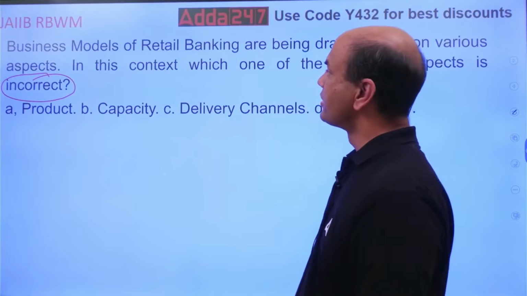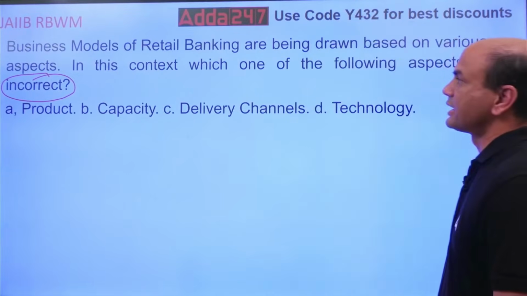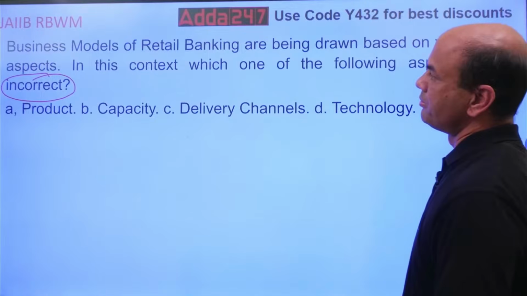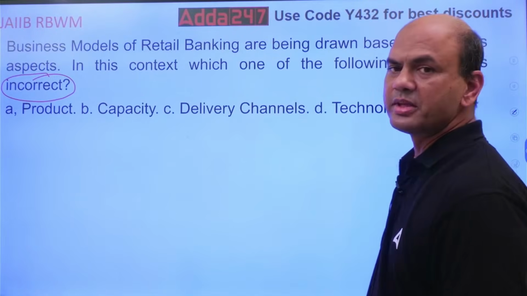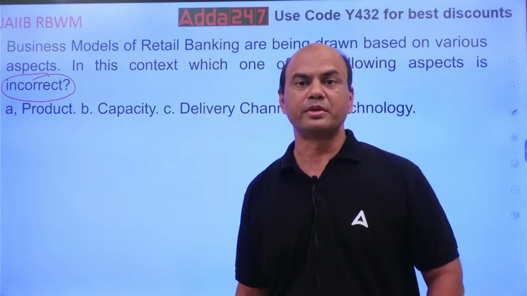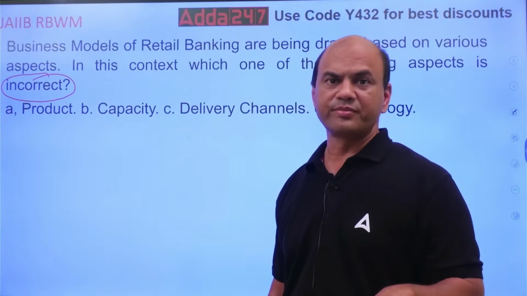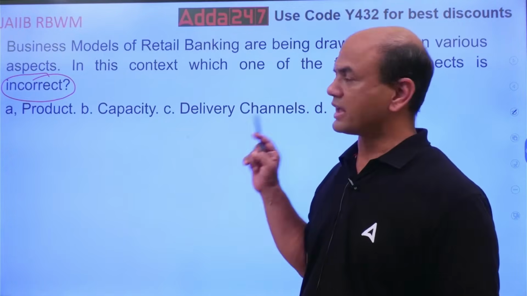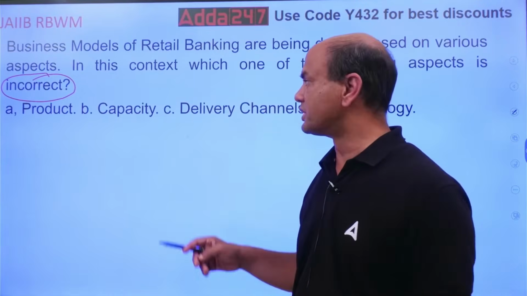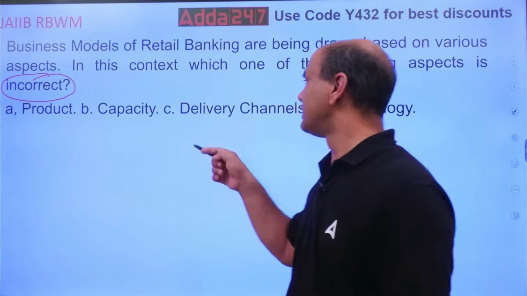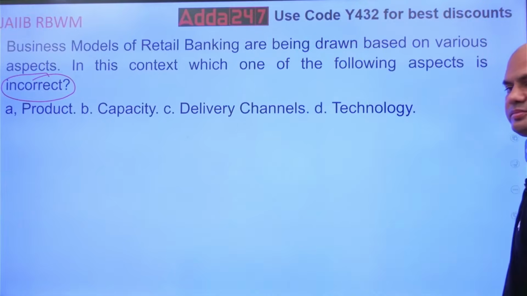Okay? So, which of the following aspects are incorrect? Business model means outsourcing model or in-house model. It is done on what aspects and what aspects are not used? Product, capacity, delivery channels and technology.